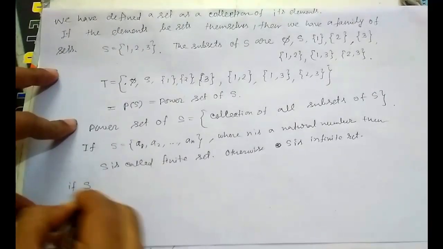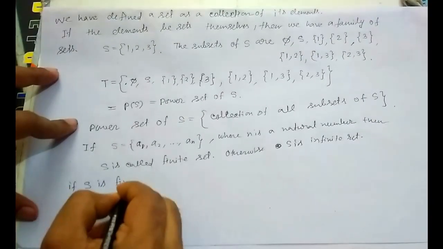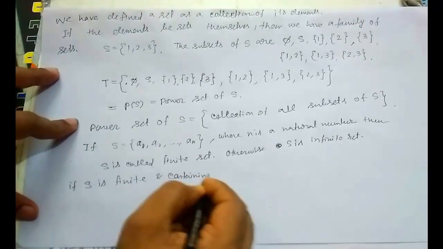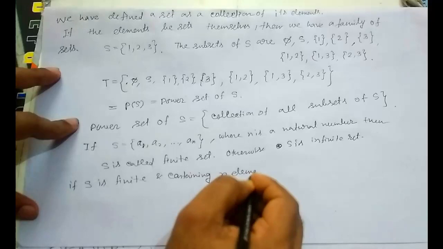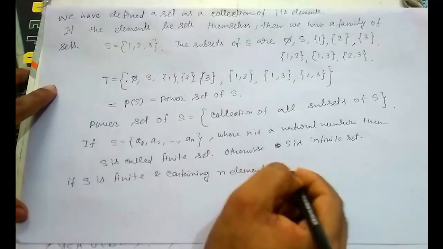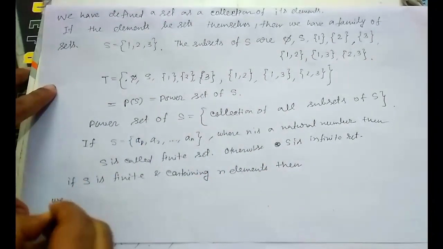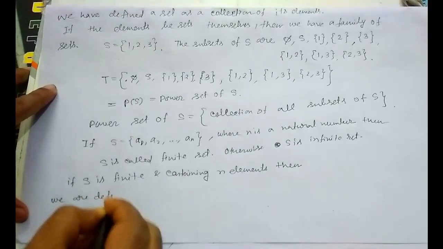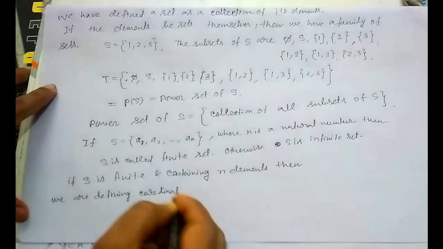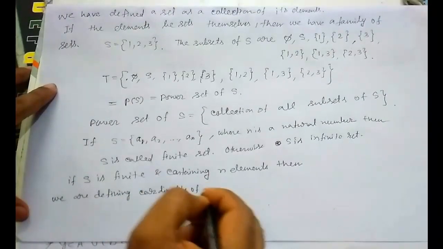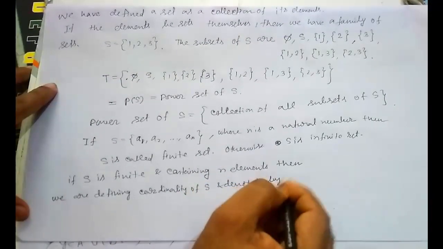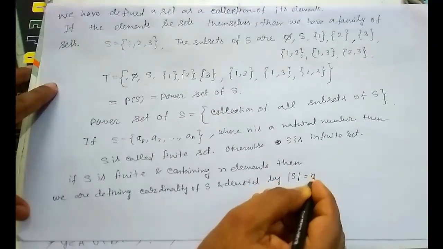So if S is finite and containing n elements, okay, then we are defining the cardinality of S, denoted by, is equal to n.